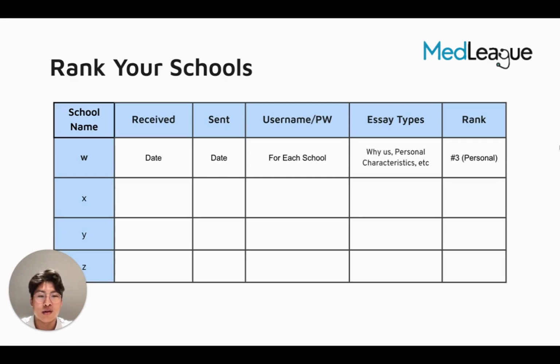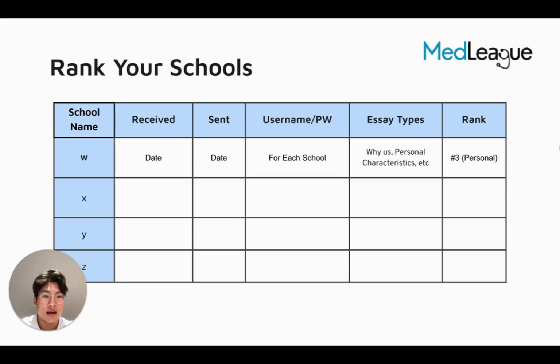All right, so before you get your secondaries, you're going to want to set up a Google Sheet or Google Excel to track them all, because you're going to be receiving 20, 30 secondaries with essays and information in a very short amount of time. Essential information includes school name, personal rank, national rank, date received, a personal deadline, and date submitted.